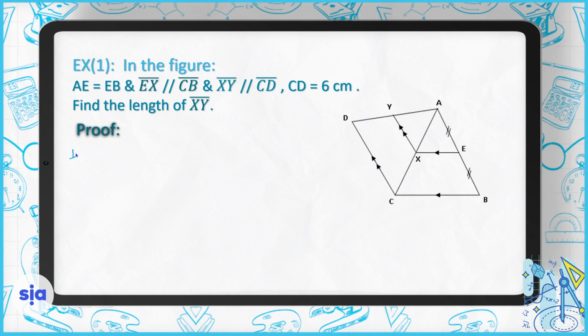In triangle ABC, since E is the midpoint of AB, where EX is parallel to CB as given, therefore X is the midpoint of AC.